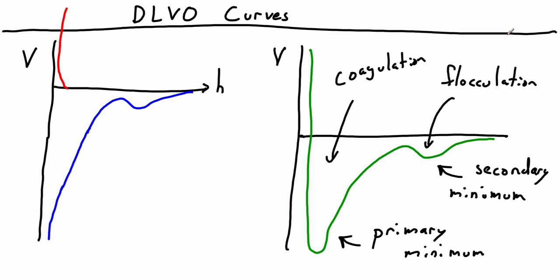Unfortunately, that's not universal, so some people use the two terms interchangeably, and some actually make the distinction here. The important point to know is that if your colloid falls into this potential well, this is going to be irreversible.